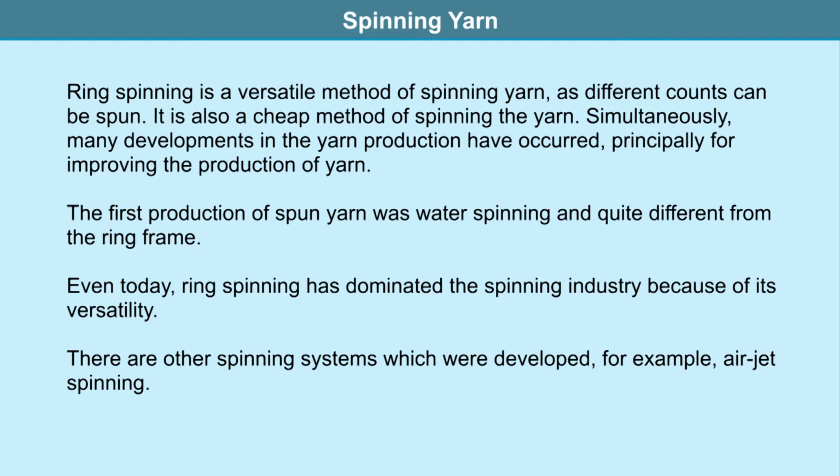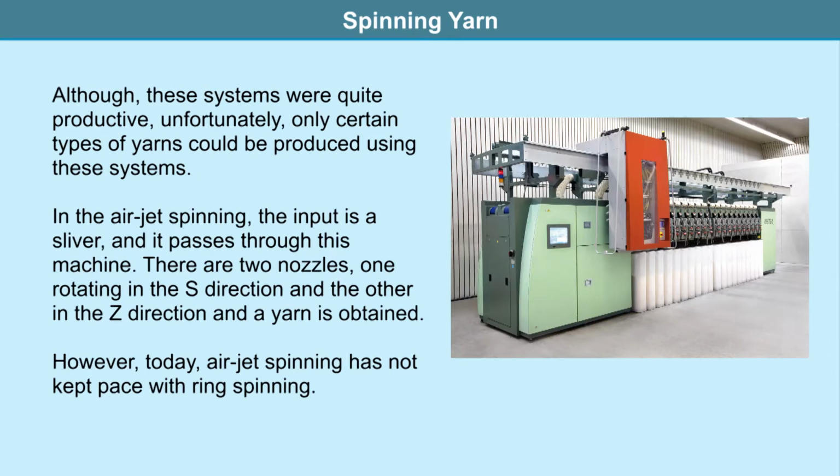All these precluded the industry to progress further, and even today ring spinning has dominated the spinning industry because of its versatility. And there were other spinning systems which were developed, for example, air jet spinning and the drift spinning.